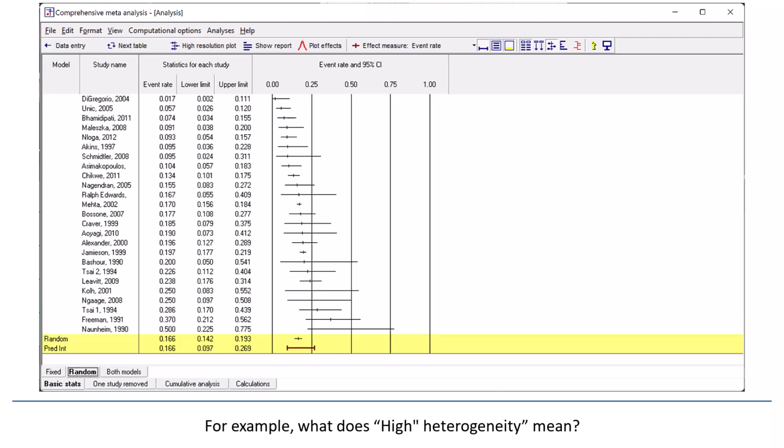For example, what does high heterogeneity mean? Does it mean that there are populations where the risk is as high as 30%? Or as high as 50%? Or as high as 70%? There is no answer. The idea of classifying heterogeneity using these terms is simply not useful.